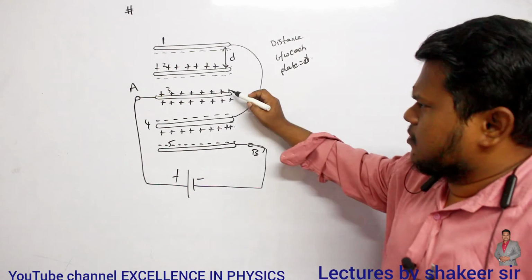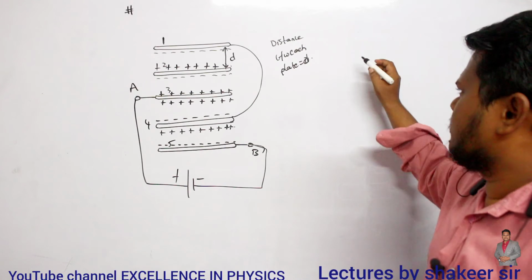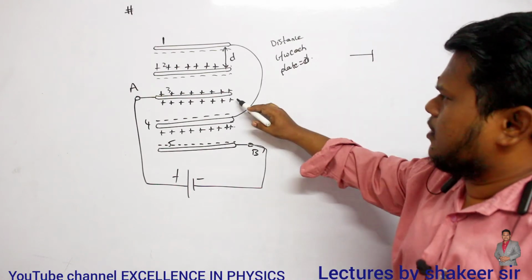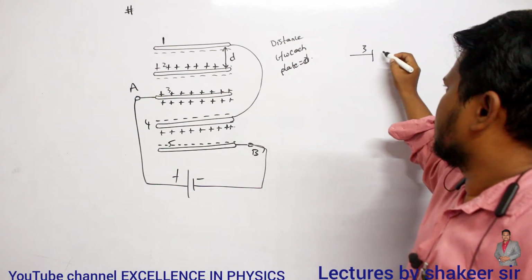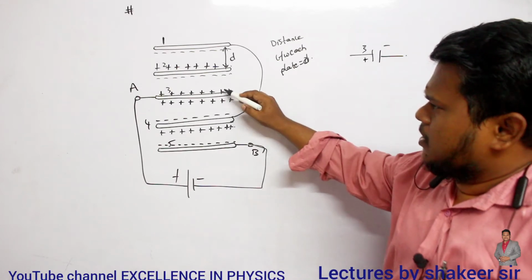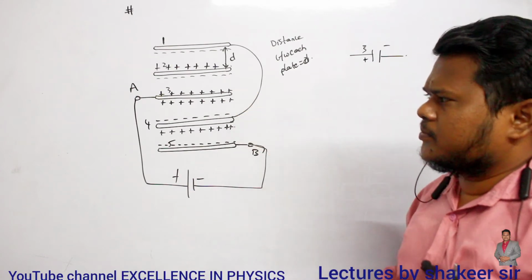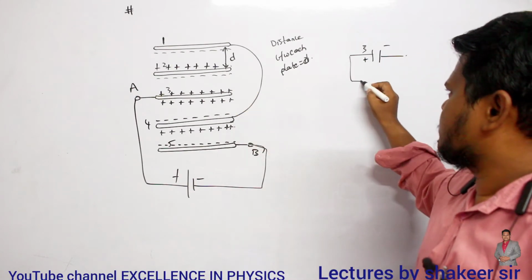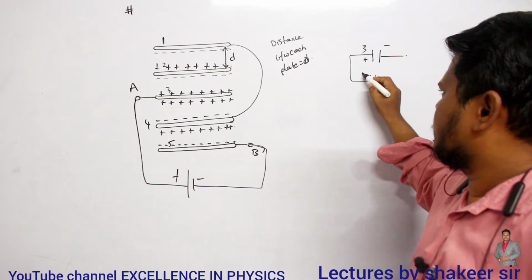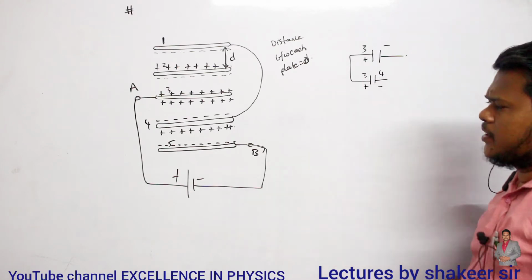So now I will start from plate number 3 because it is connected to the positive terminal of the battery. So 3 and 2: this is a positive plate, this is a negative plate. From the same 3 I will go to plate number 4. This is positive and this one should be negative.